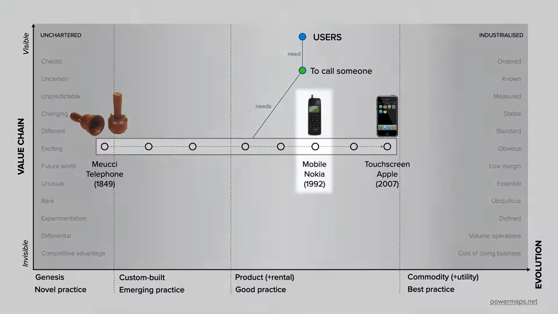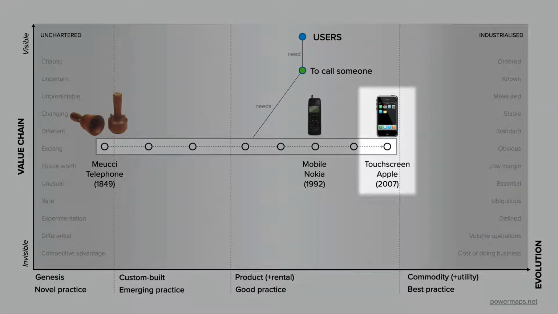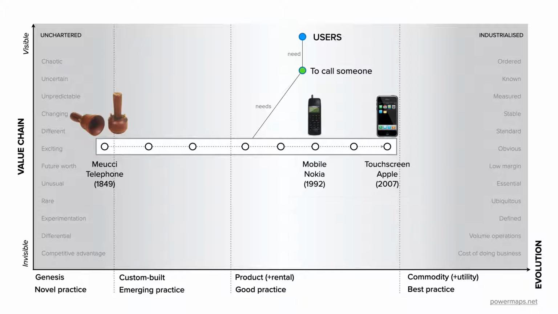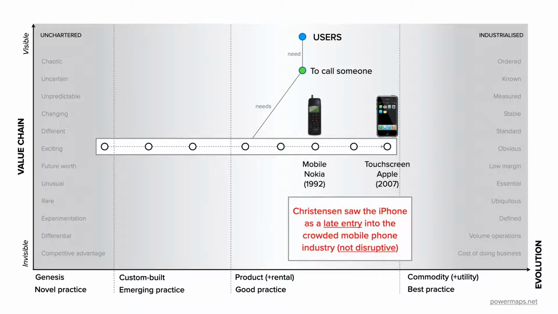In 1992, we get the first mobile phone from Nokia, and then, in 2007, Apple launched the first touchscreen phone, the iPhone. Now, Christensen thought Apple wouldn't succeed with the iPhone because it was just a late entry into the already crowded mobile phone industry. The iPhone was simply not disruptive and would struggle to find customers.